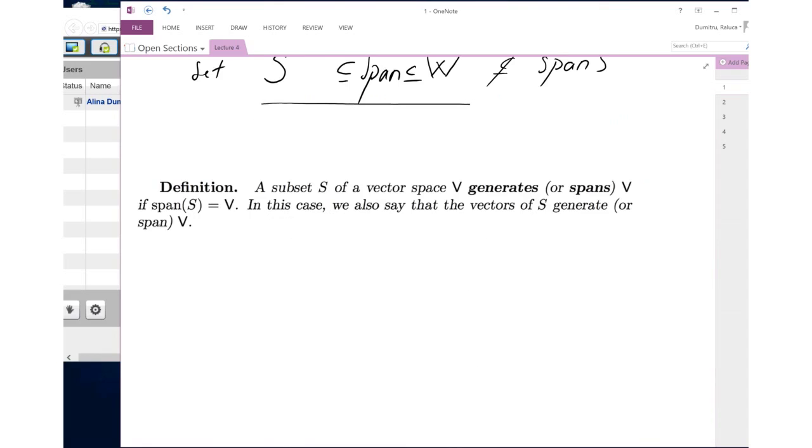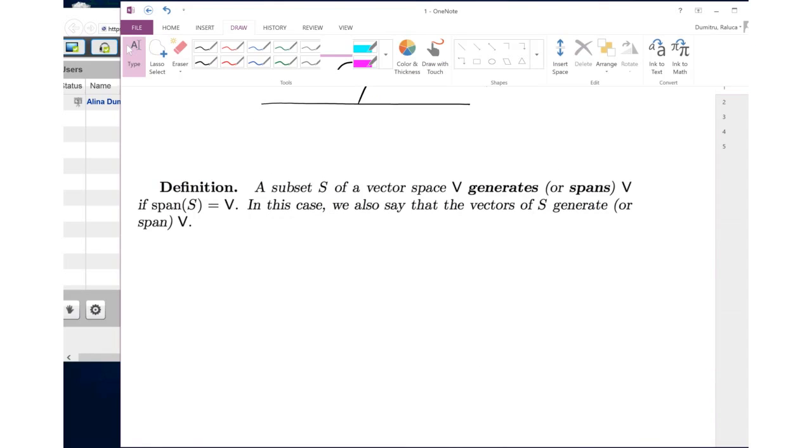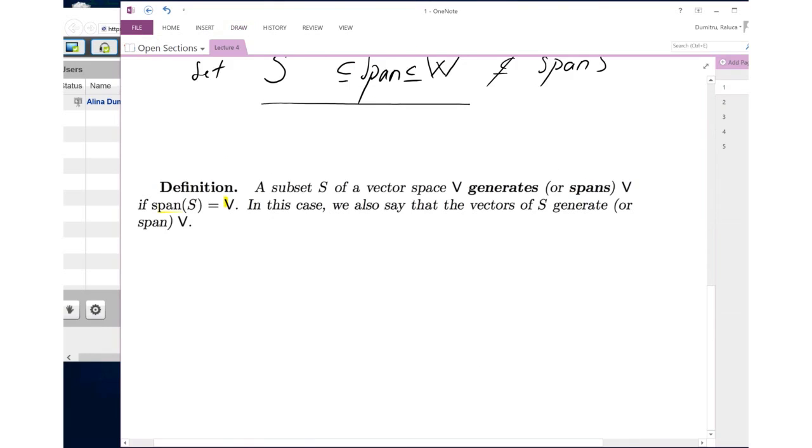So we're going to look at a special case now, and that is the case when the span of a set of vectors gives you the entire vector space V. Okay, so I have a set S such that its span is the entire vector space.